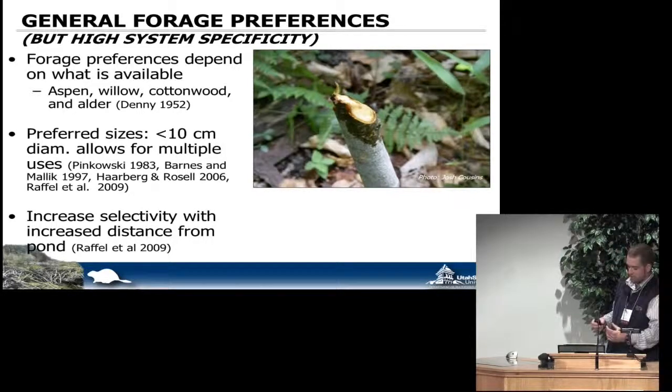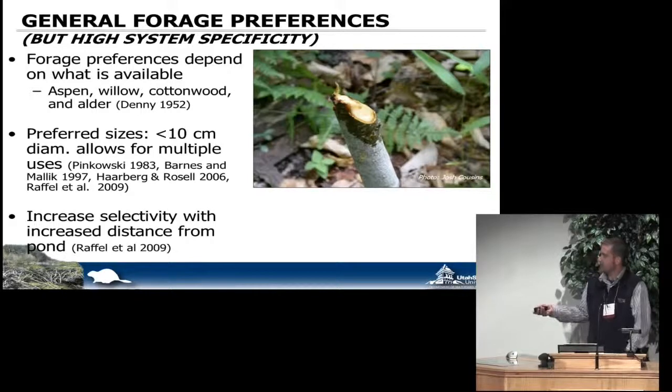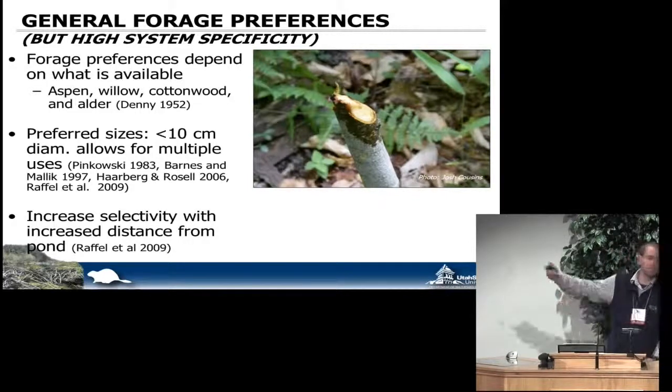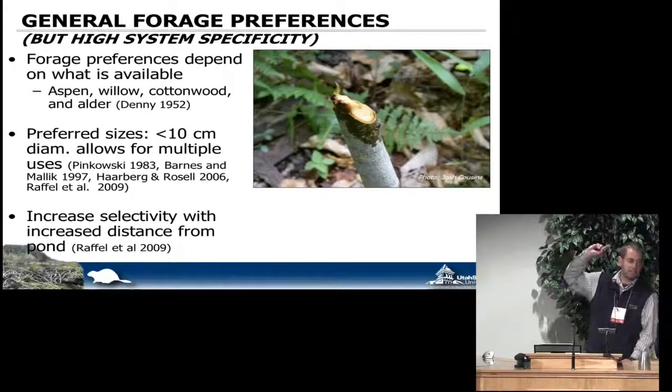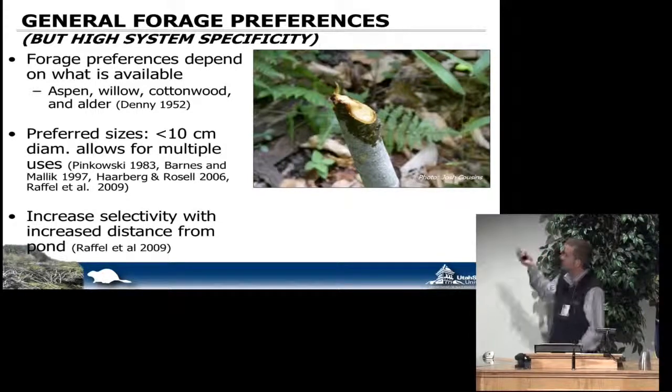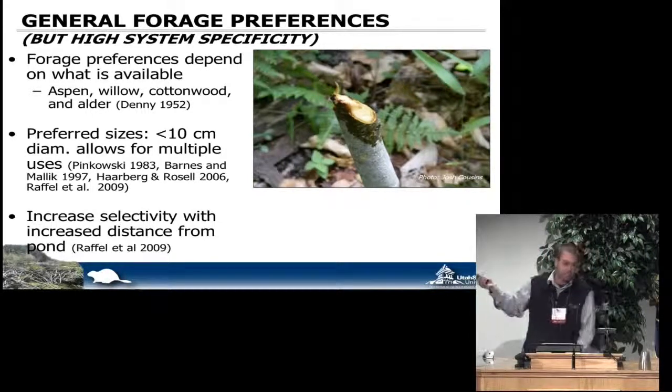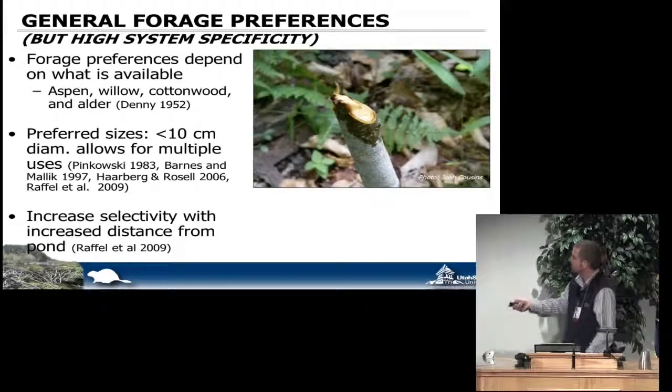So most of the time they're going for stuff that's smaller and sort of 10 centimeters in diameter. And what we see is as they move away from the ponds, increasingly they are more selective the further they go away. And so that picture I showed you earlier where they're going way up the hill slope, they're willing to do that because there's a lot of good chocolate up there, aspen, whereas if all that's up there is a bunch of sagebrush, they're less likely to do that.